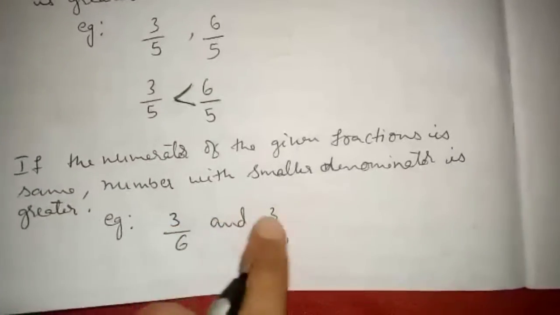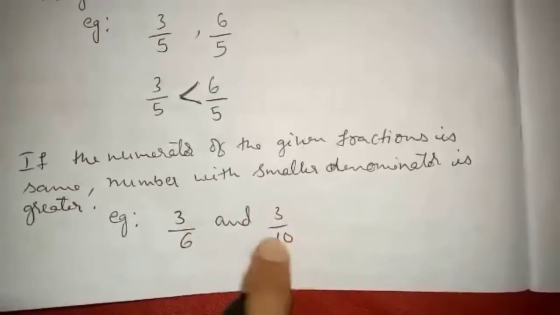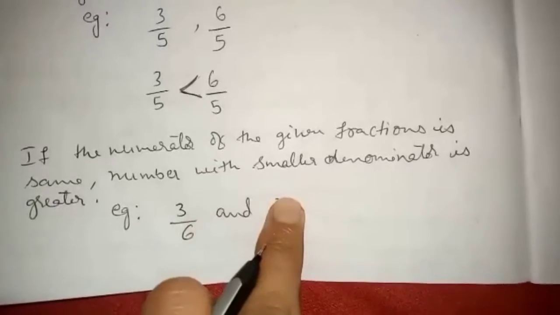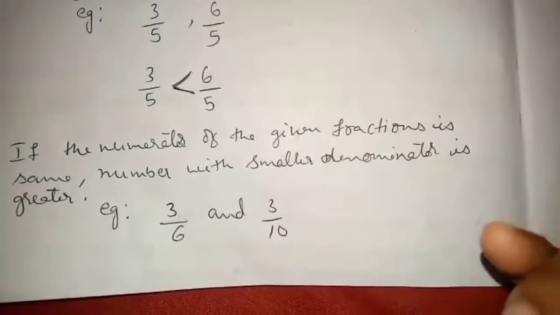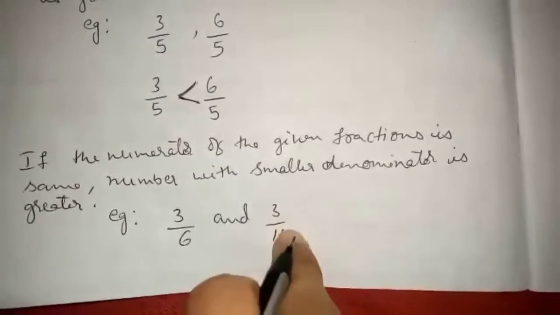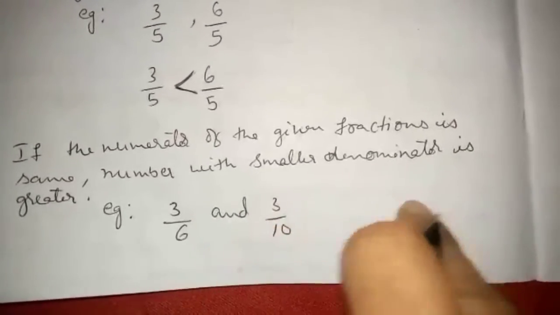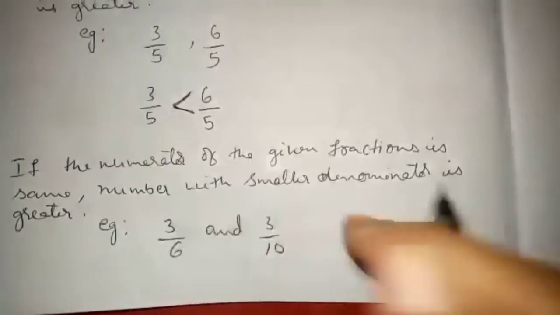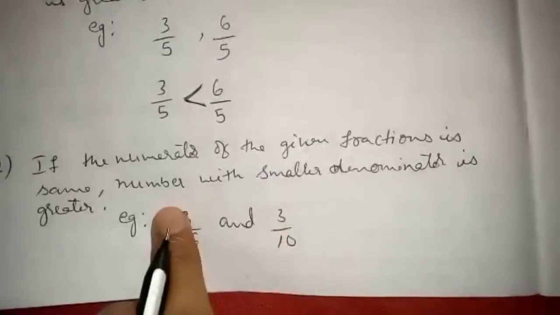These are the two fractions, 3 by 6 and 3 by 10. Here numerator is same. You all know which is numerator and which is denominator, right? The up one is numerator, the down one is denominator. D for down and D for denominator. Remember that.